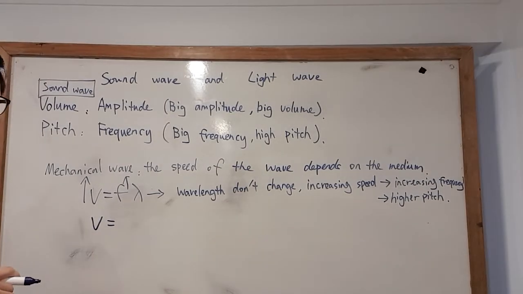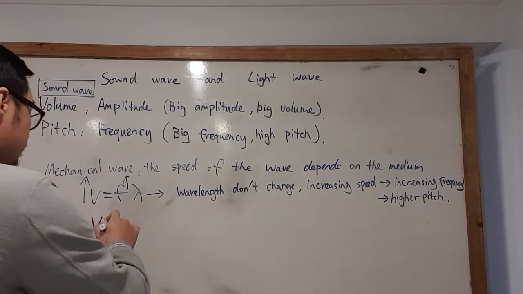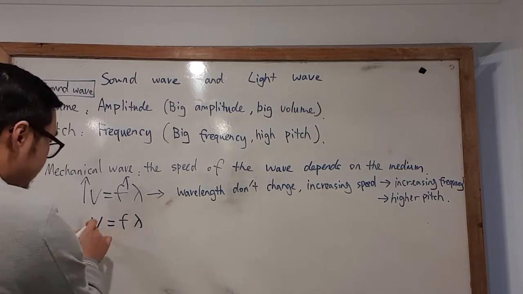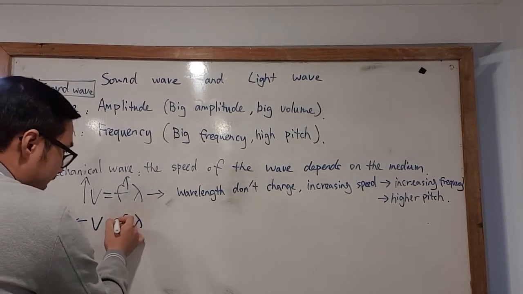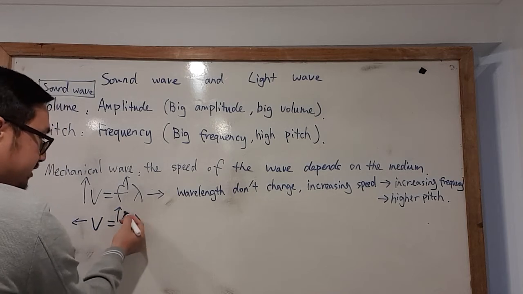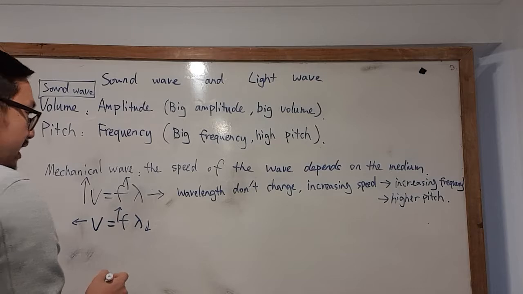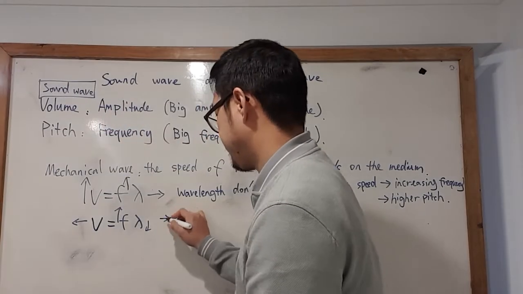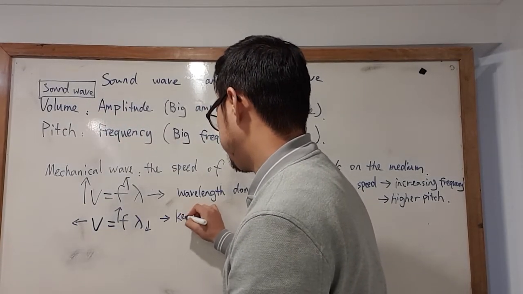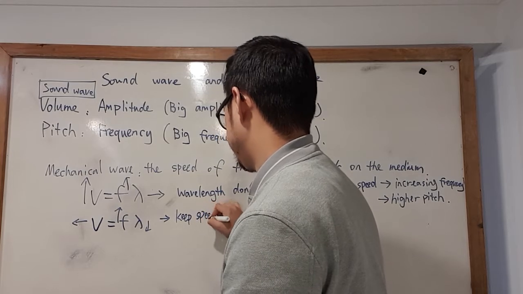Okay, all right. Let's say another situation. Another situation is this one, v equals f lambda. Let's say I'm going to keep speed the same. If I want to increase the frequency, with speed the same, I must decrease the wavelength. Okay, let's say here: keep speed.